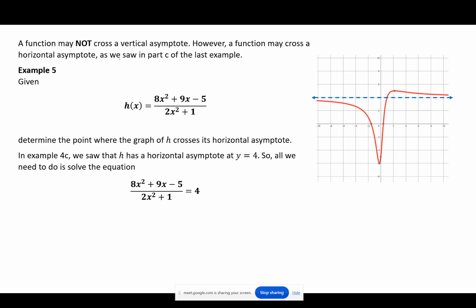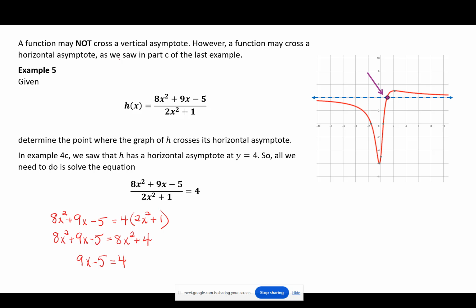So to figure out if the function can equal 4, all we have to do is set the function equal to 4 and solve for x. So we've got 8x squared plus 9x minus 5 over 2x squared plus 1 equals 4, and we need to solve it. So we just multiply both sides by 2x squared plus 1, and then multiply all that out and get everything on one side.